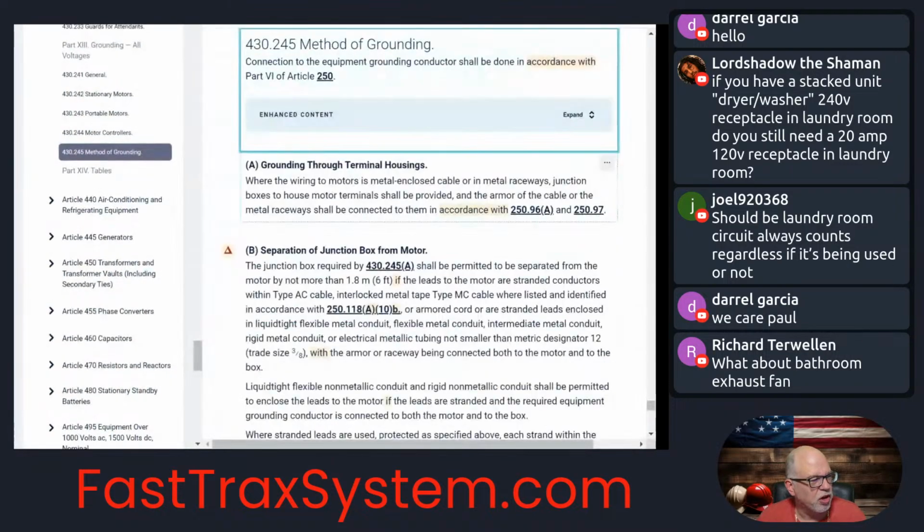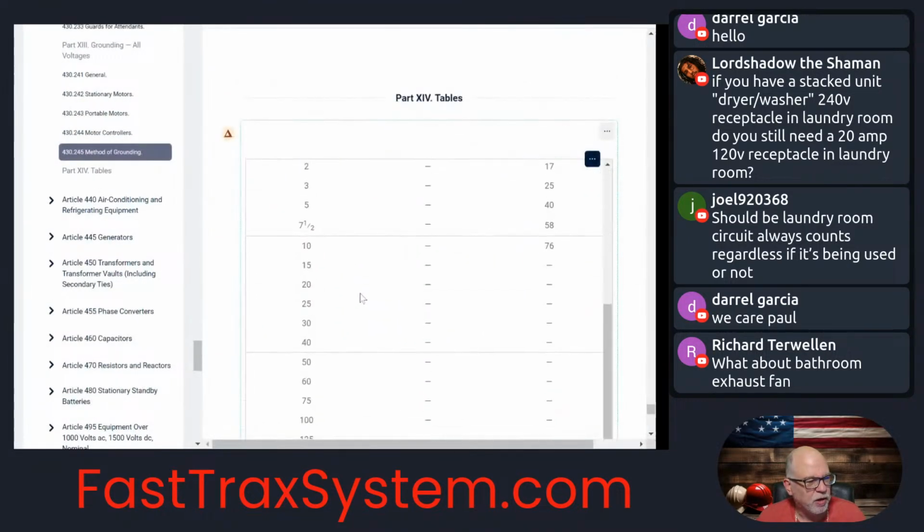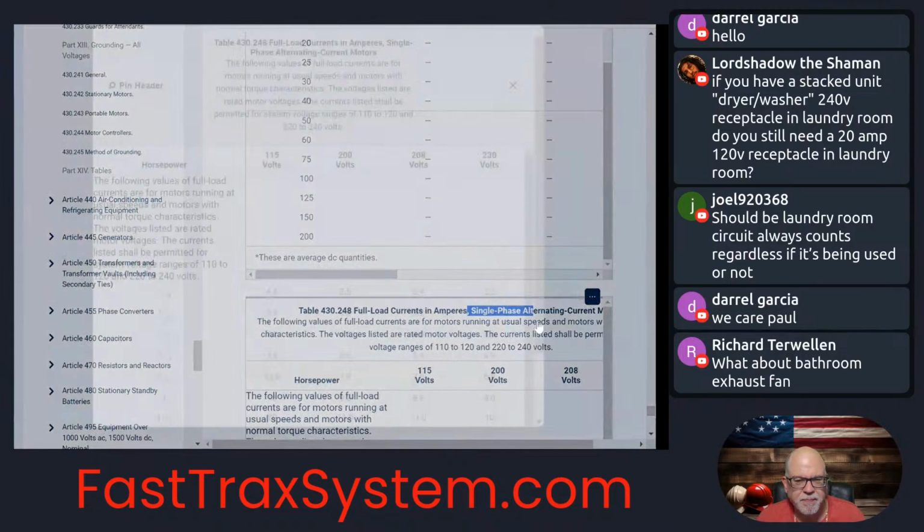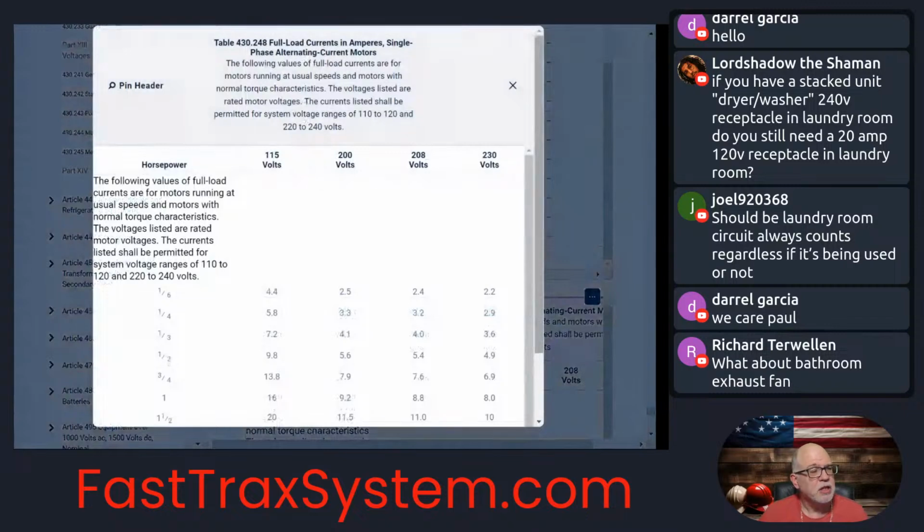We're dealing with this table here, single phase, alternating current. I'll see if this table will pop up. There you go. For us, I believe it was a half horsepower. So right here, half, and I believe it was 115.